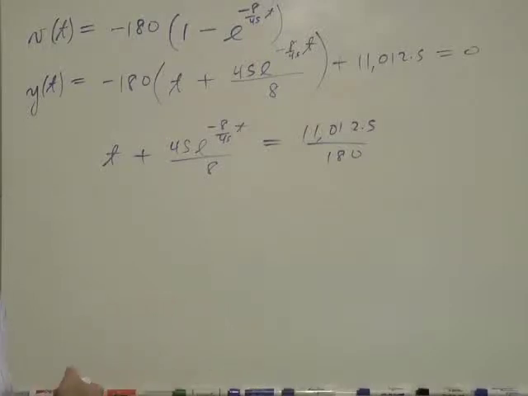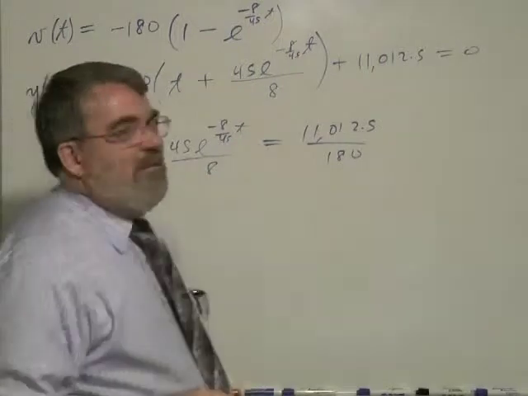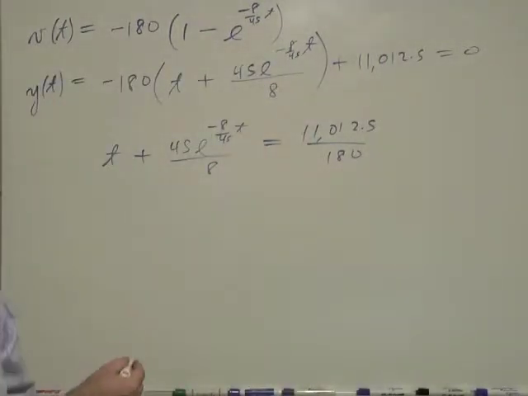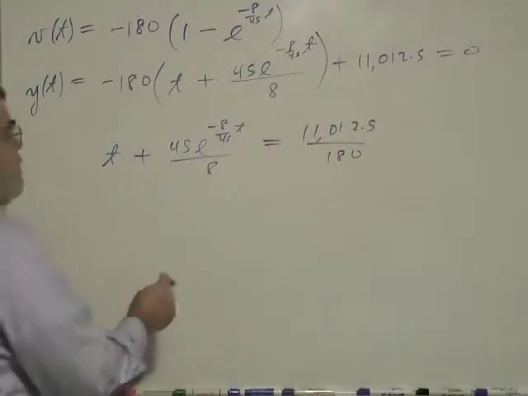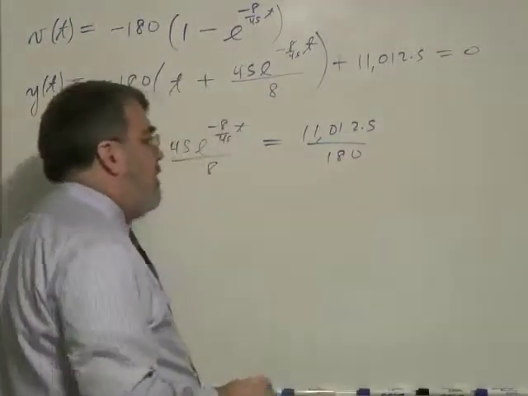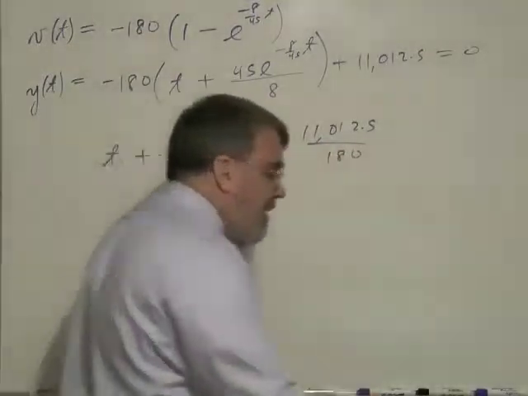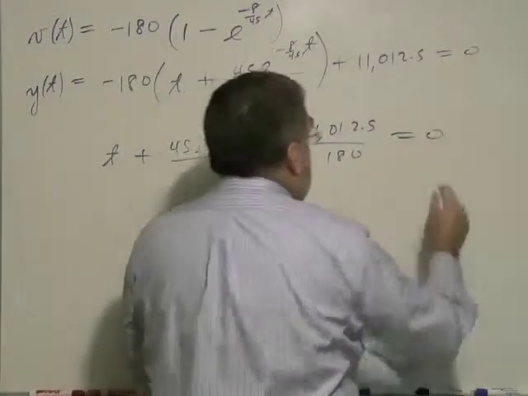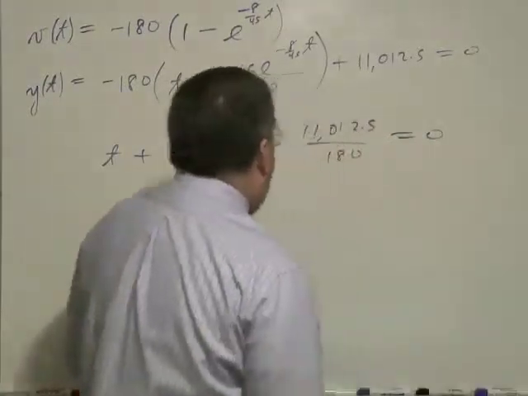Now, this is not an equation that lends itself to an algebraic answer. I don't know if I could solve that algebraically. I probably couldn't. So we could set this equal to 0 by subtracting this term, make this a minus sign, and consider this a function.